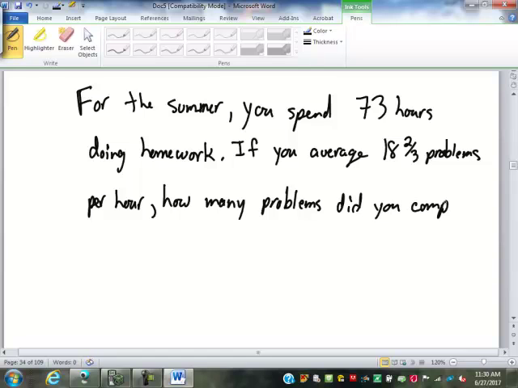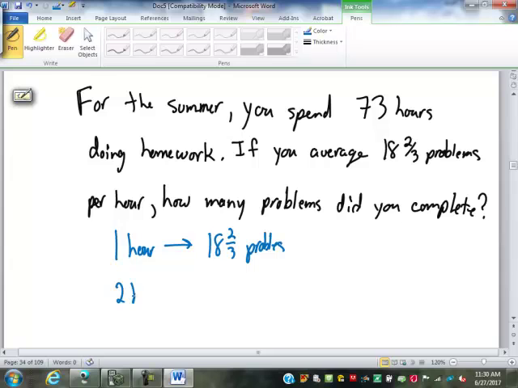So did you complete? Oftentimes when you look at a problem like this, it helps to look at it in smaller numbers. If you work for 1 hour, how many problems would that be? 18 and 2/3. Very good.